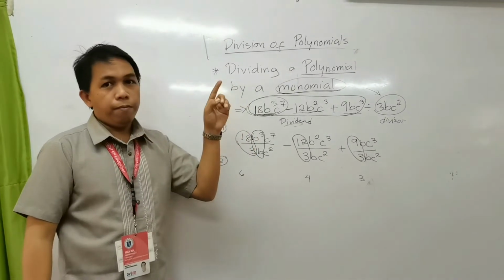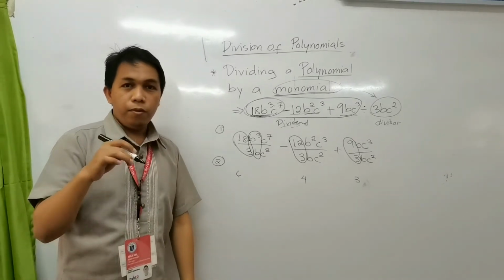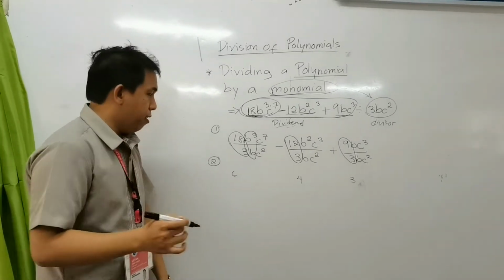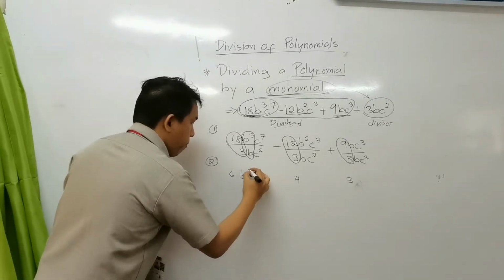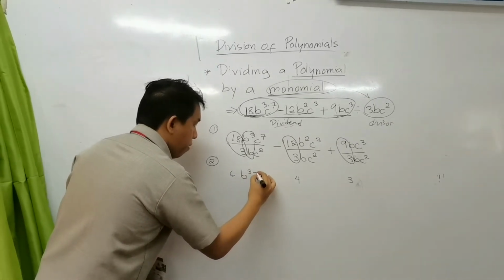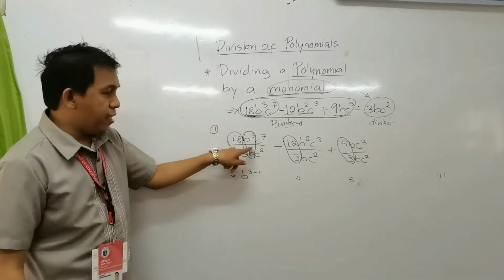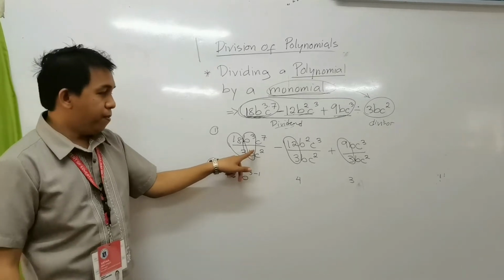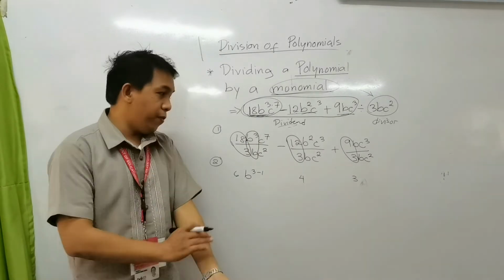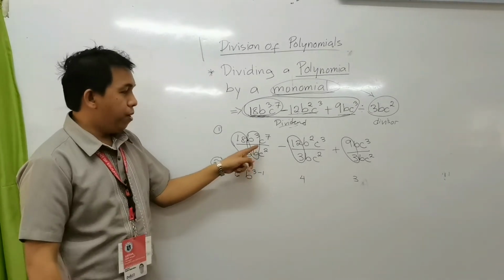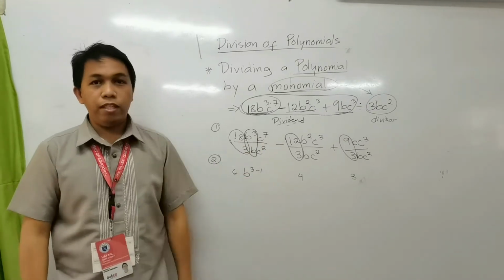So from the laws of exponent, if you have reviewed that one, that would be b to the power of 3 minus 1. Now, why is it that there's no 1 here? Again, from the laws of exponent, if there is no exponent found on a variable, it is always considered as 1.